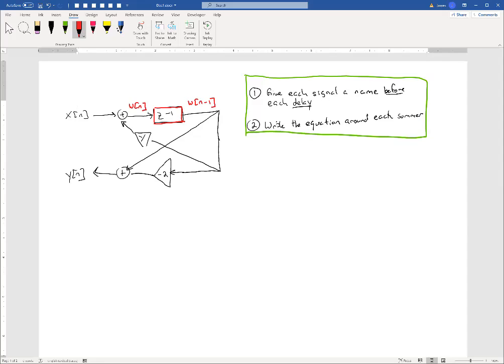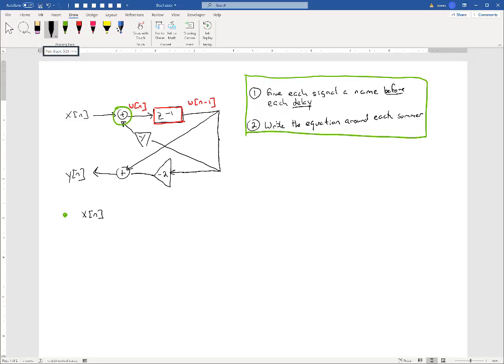Let's do step 2. Write the equation around each summer. So we've got 2 summers here. Let's do it around the first summer up here. So that equation around each summer says, what do we have going into that summer? X of n goes into it. What else goes into it? Let's see, this W of n minus 1 comes up here.